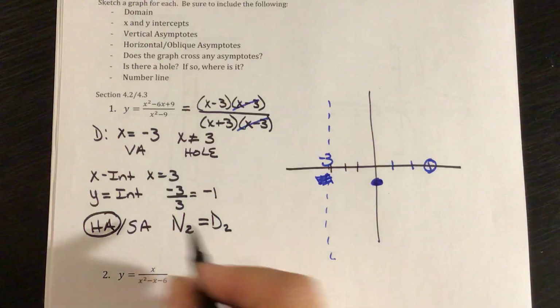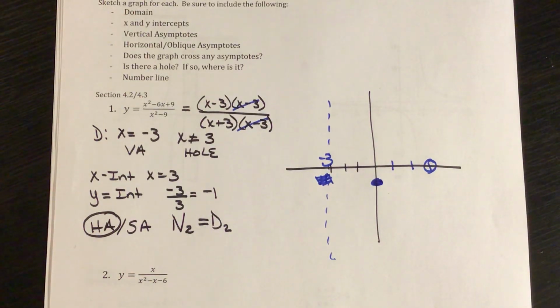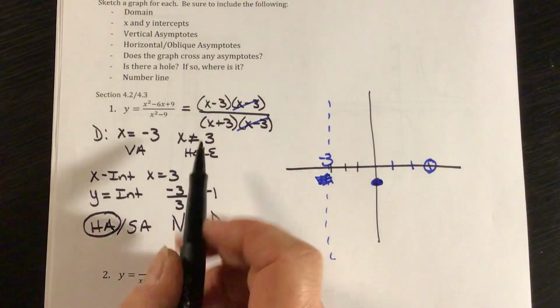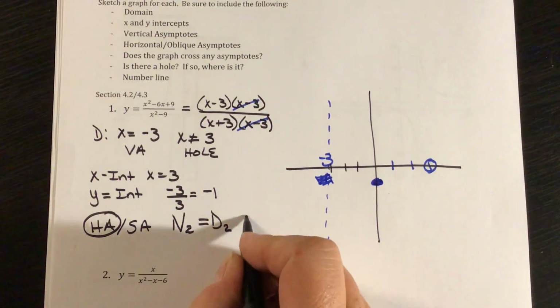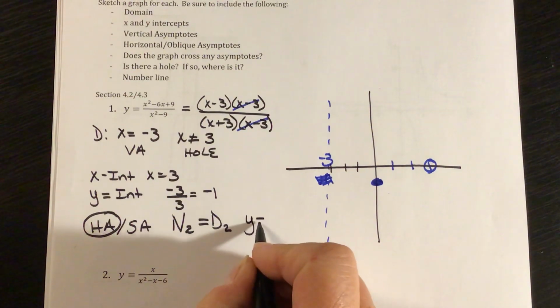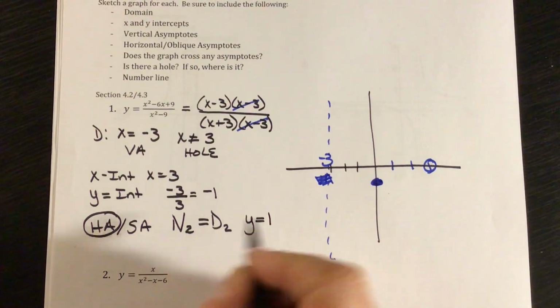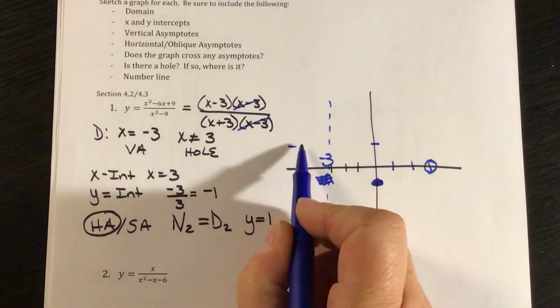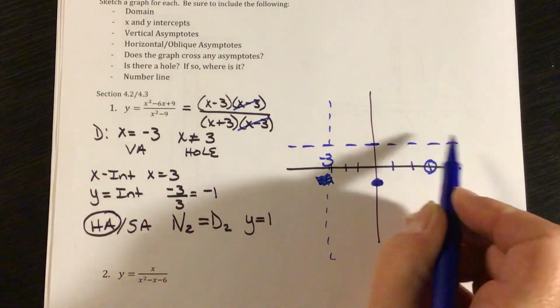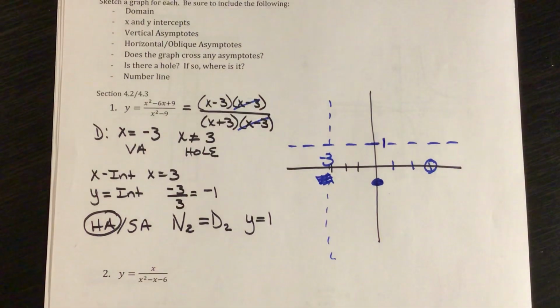So that means I'm going to have an asymptote at the ratio of the coefficients. So my coefficients are just 1 over 1. So there will be a horizontal asymptote at y equals 1. And I'll draw that in. So this is y equals 1.